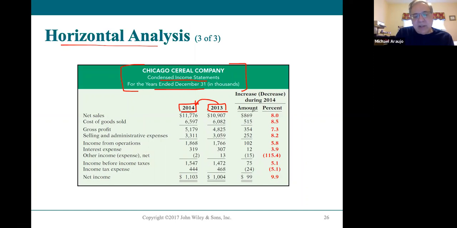The difference is going to be listed here and going to be divided by the base year. Okay. So here we had net sales go from 10,907 to 11,776. That's $869 higher than it was. 869 divided by 10,907 is an 8% increase in net sales from 2013 to 2014.